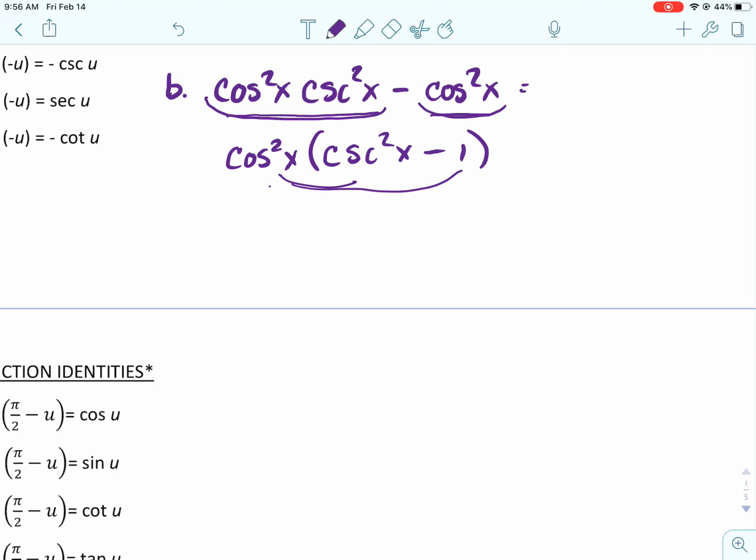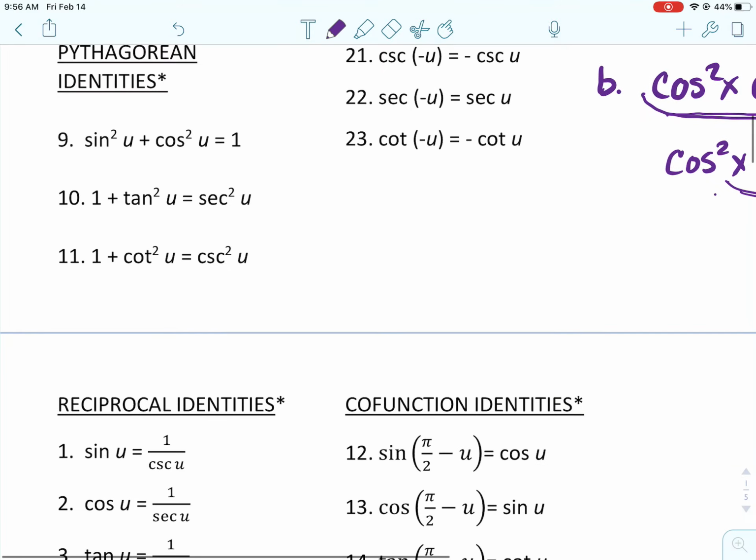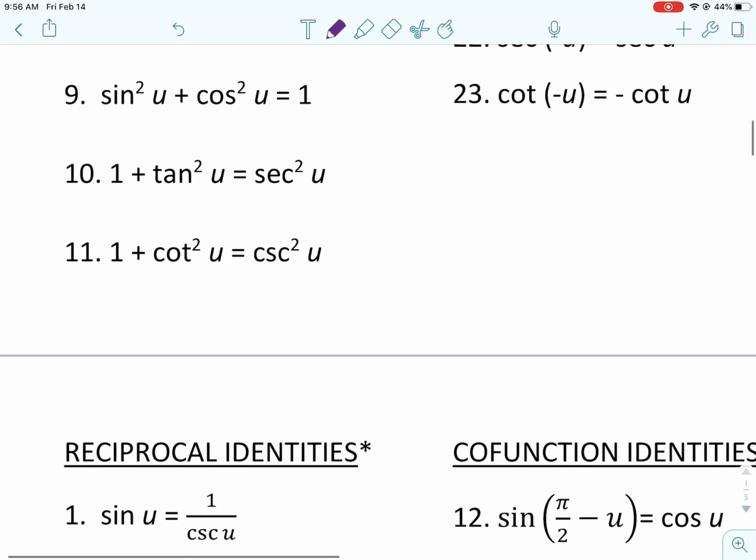Now, anytime, and I told you guys this on Wednesday, anytime that you have a squared trig function, an addition or subtraction, and 1, it probably is going to match up with one of your Pythagorean identities. Now, we do not have an identity that has cosecant squared of x minus 1, but do we have one with cosecant squared of x? Yeah, number 11, right?